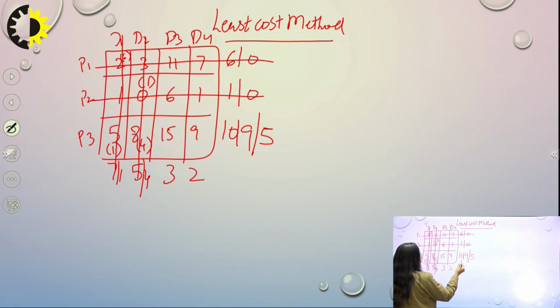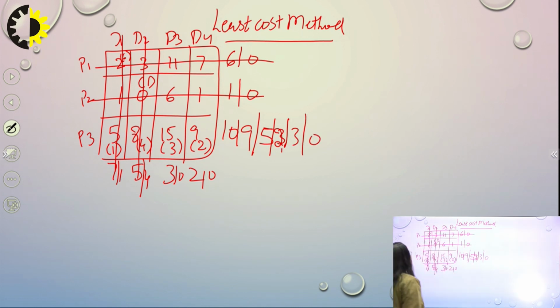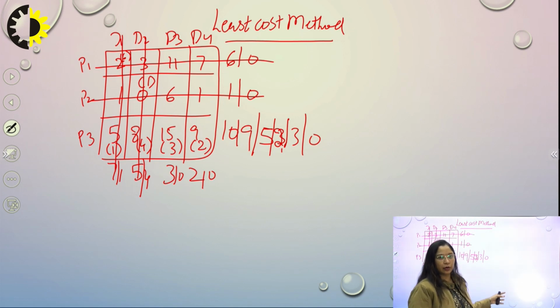Now 9 is the smallest, so 2 will be allocated. Similarly, 3 will be allocated. This is the process, so according to the least cost method, we have solved this matrix.